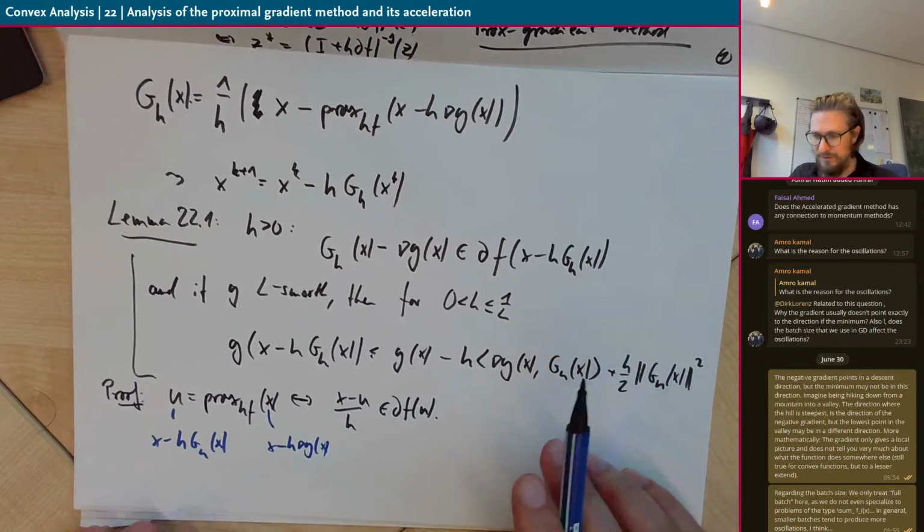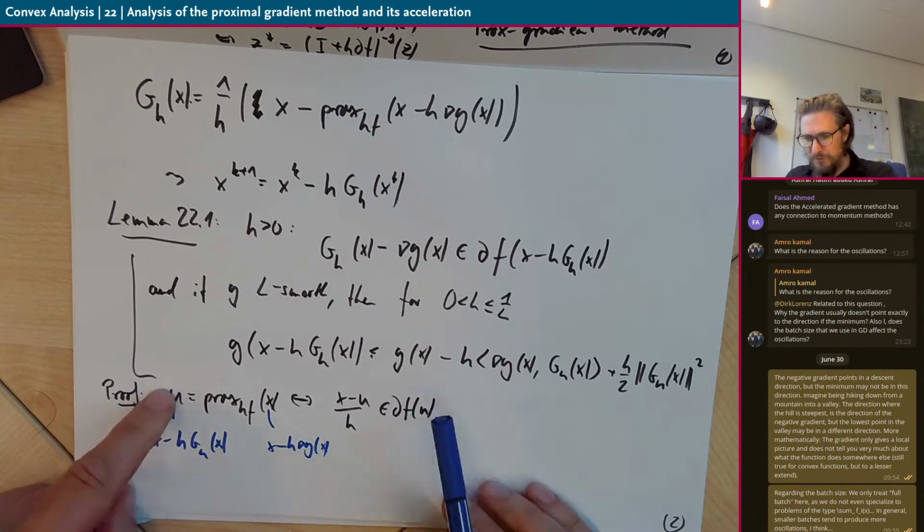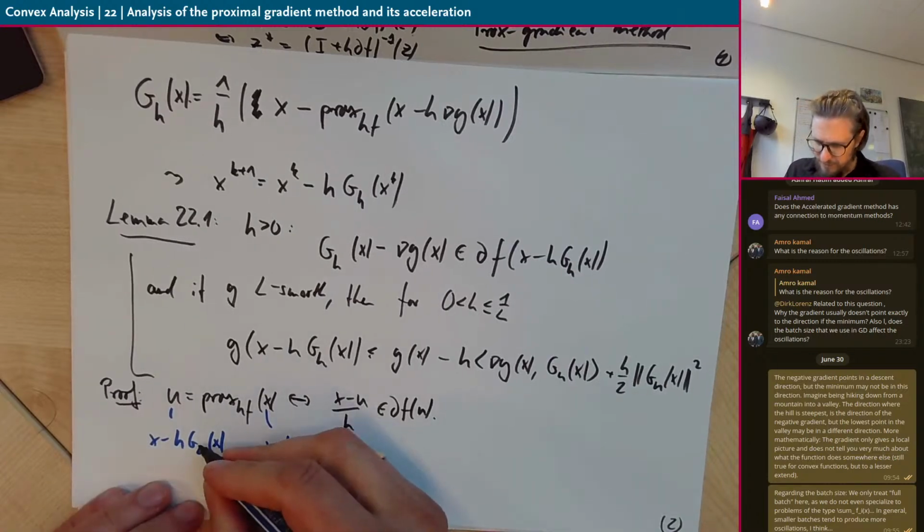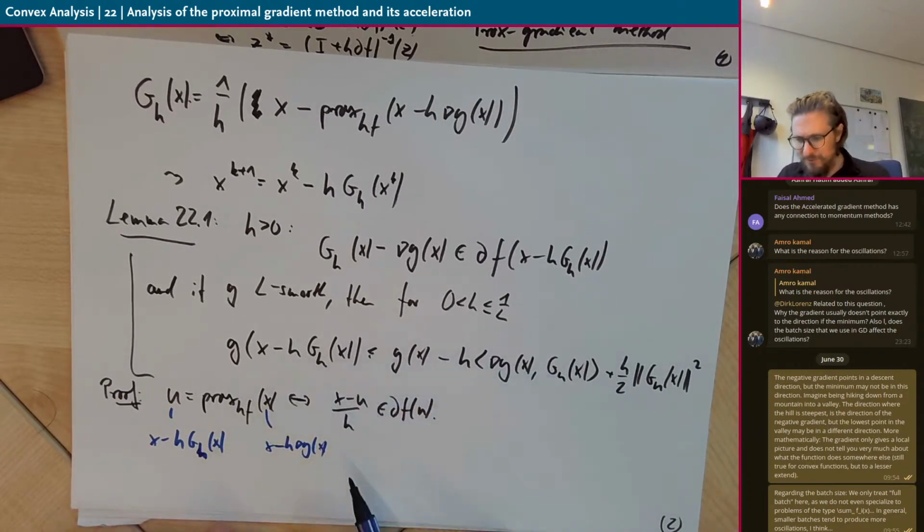Sorry, I'm off screen now once again. If I use for u this guy here, x minus h times gh of x, so it's an h down here, and as for x we use x minus h times the gradient of x, then we know by definition that this relation is true, so this is equal to the prox of that.